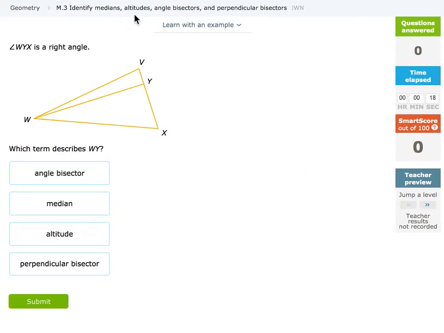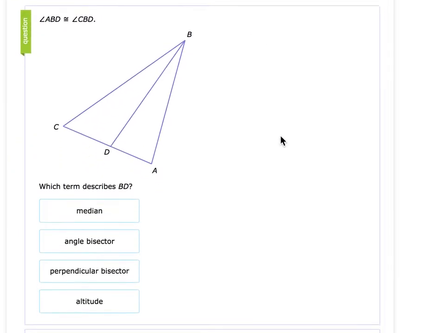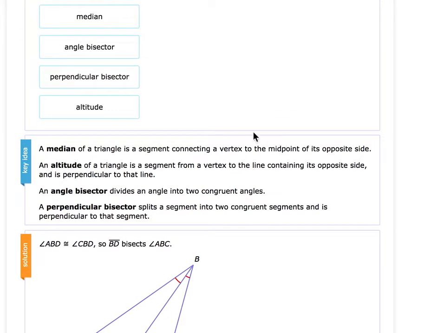Identify medians, altitudes, angle bisectors, and perpendicular bisectors. We're going to start again with the learn with an example. In this section, I encourage you to take a screenshot of this key idea, as it'll be helpful to continue to come back to it.